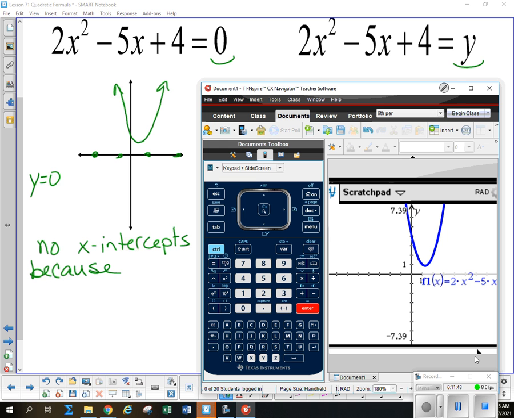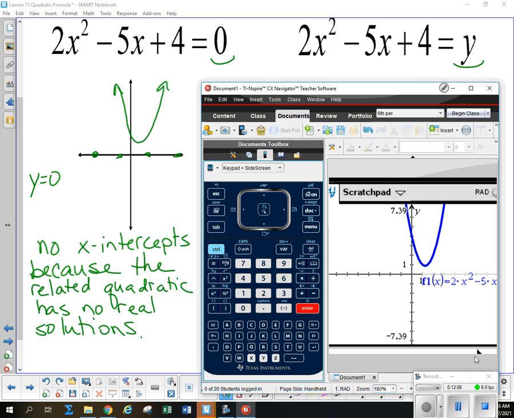So because the related quadratic has no real solutions, I can't get any points on the x-axis because y can't be equal 0 for any real numbers. You're going to start having homework problems where you have to do that to be able to answer that. You have to be able to draw this on your calculator.